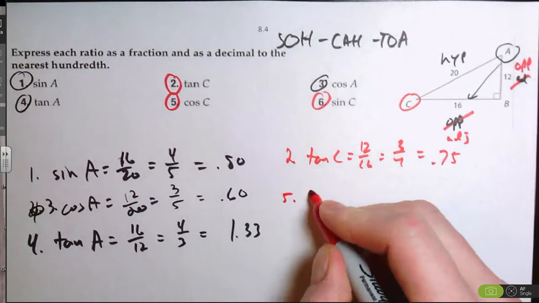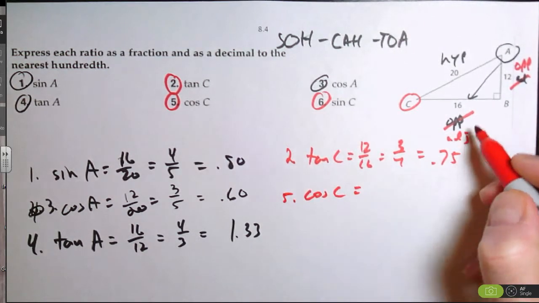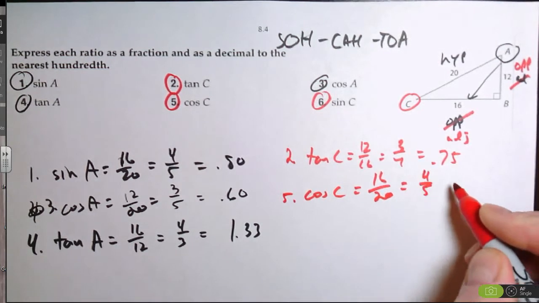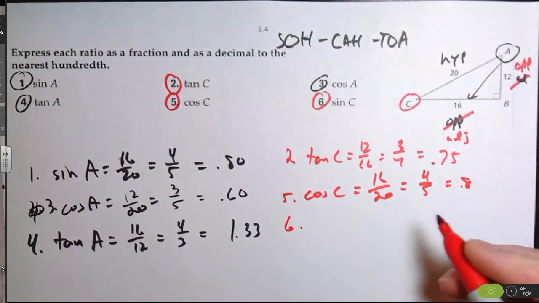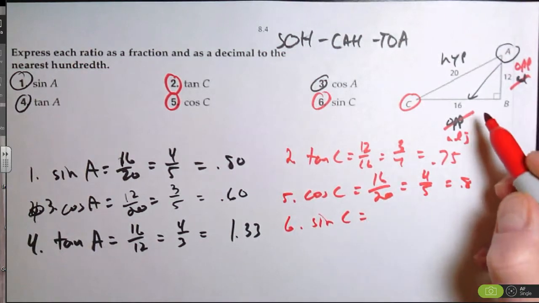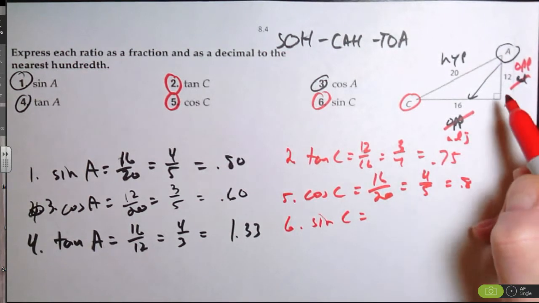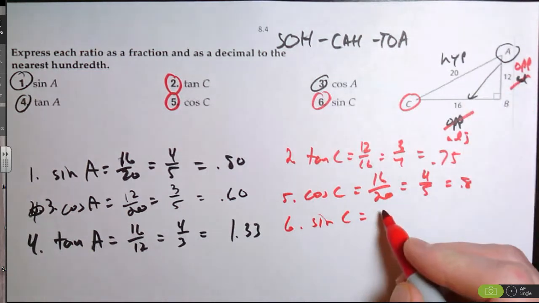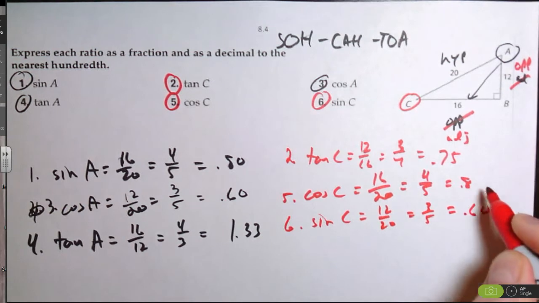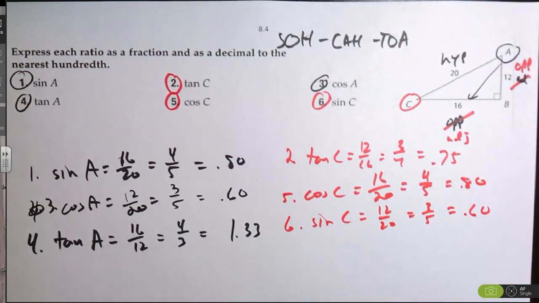Number 5 is cosine of angle C, which is adjacent over hypotenuse, so 16 over 20, which is 4 over 5, which is 0.8. And number 6, sine of angle C is opposite over hypotenuse, so 12 over 20, which is 3 over 5, which is 0.60. So there's good old SOHCAHTOA that set up the ratios.